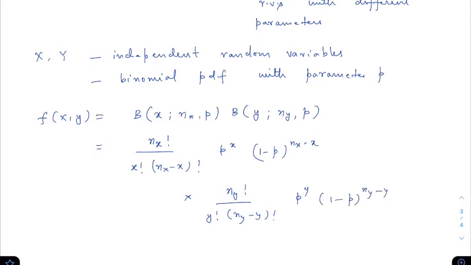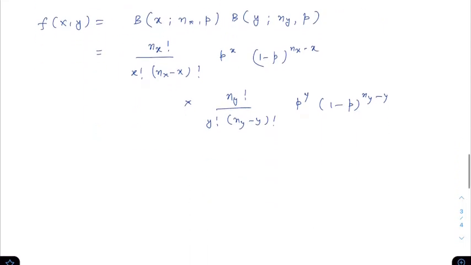Then the question becomes, what is the probability distribution function for x plus y? So we'll do a change of variable and introduce some new parameters.